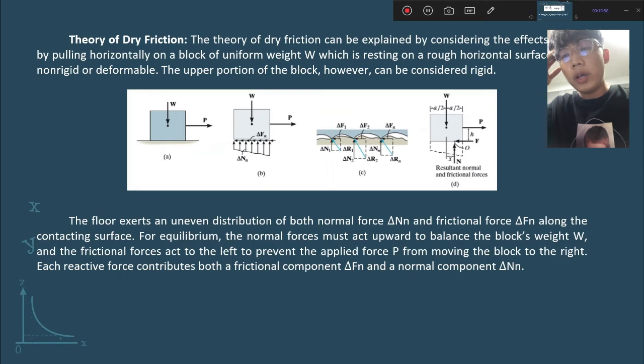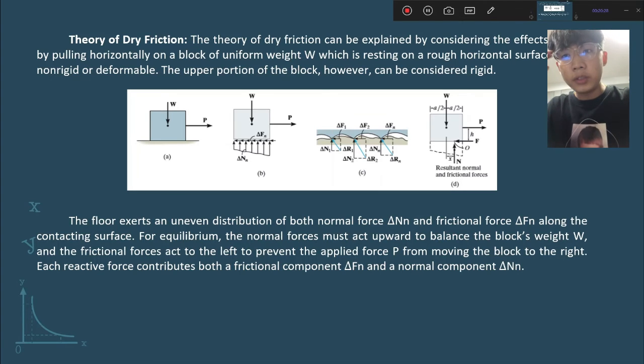For equilibrium, the normal forces must act upward to balance the block's weight. You can see this in picture D. As you can see, the N is moving upward, in the opposite direction of the weight, to cancel the block's weight.